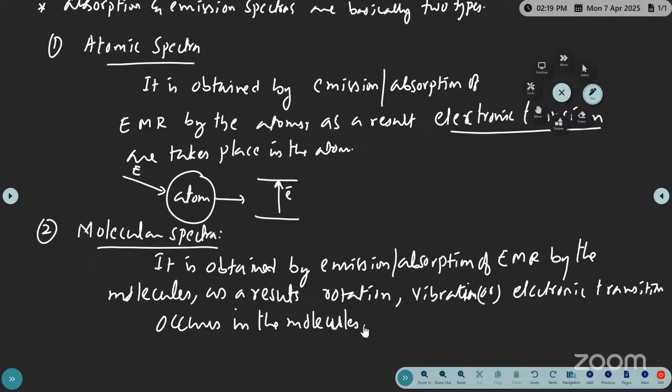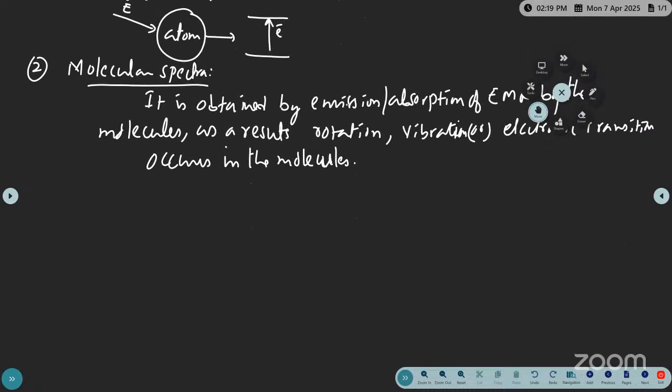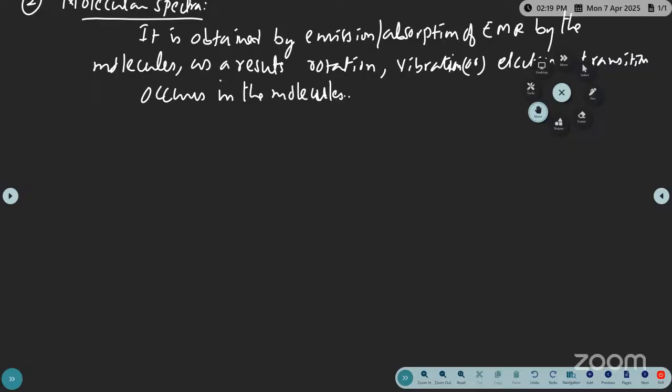And next, here the absorbed light. For example, draw a diagram here. So this is a three atomic molecule. When the light is absorbed, the atoms may vibrate or may rotate.